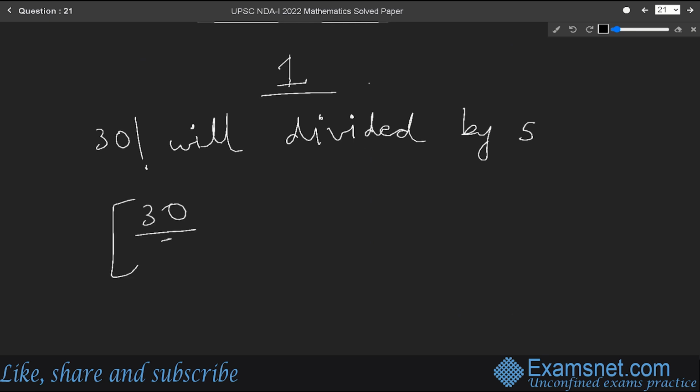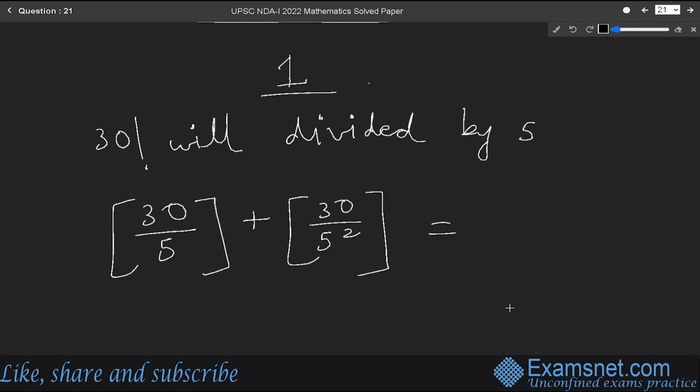So we use it in this way, 30 upon 5 plus 30 upon 5 square. Here we do not need to take the full term, we just take the terms which are directly divisible by 5. So it will be equal to 6 plus 1, which equals 7. So the final answer is 7.